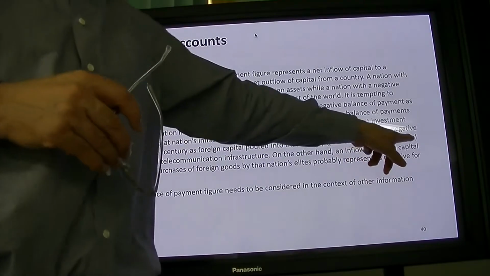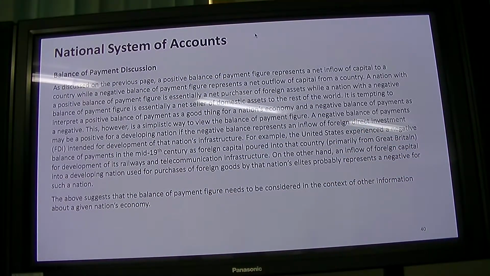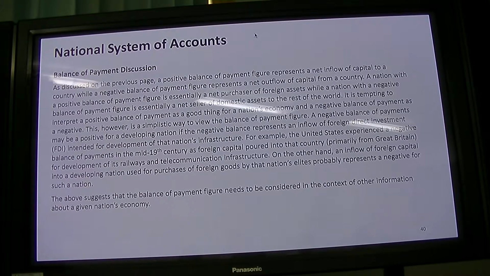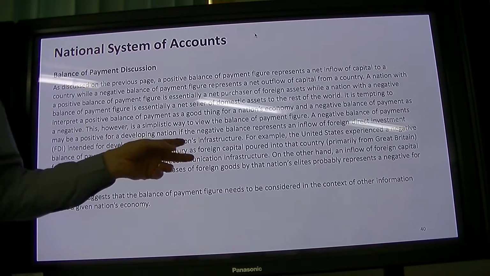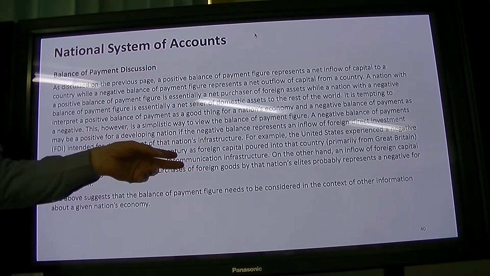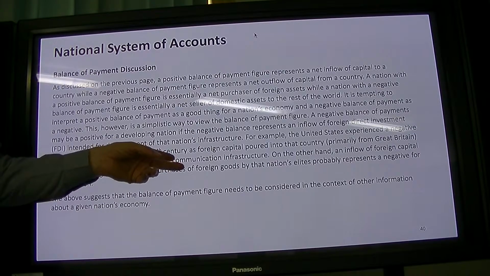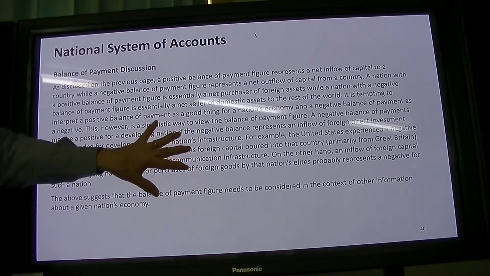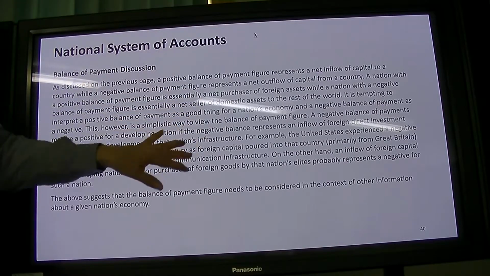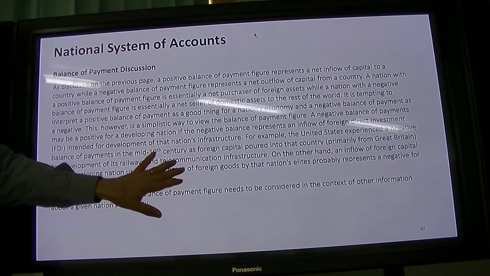British investors, in its former colony, invested enormous amounts of money in infrastructure in the United States. For example, to develop the railroad, the telegraph, the telecommunications infrastructure in the United States in the 19th century. So the United States ran a negative balance of payments in the 19th century, but for a very positive reason.